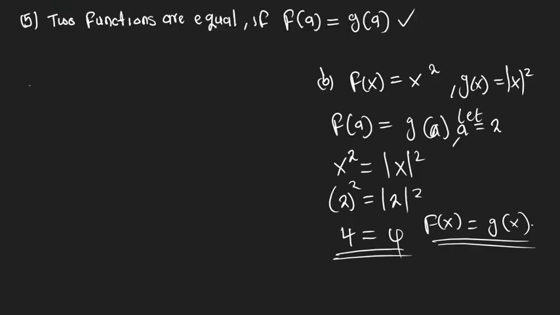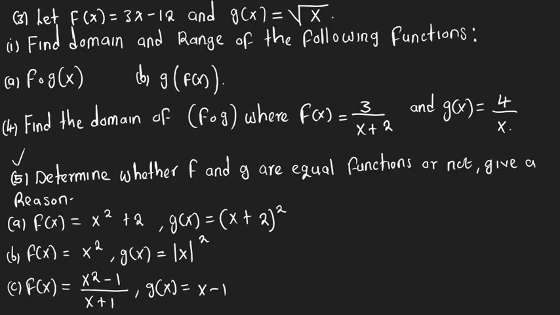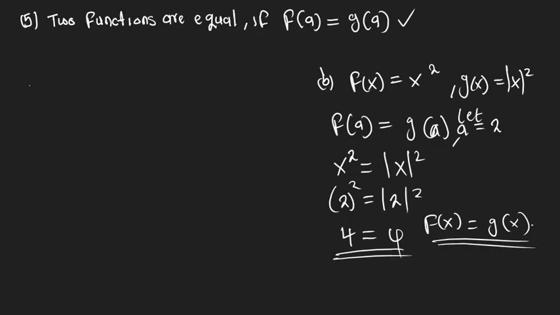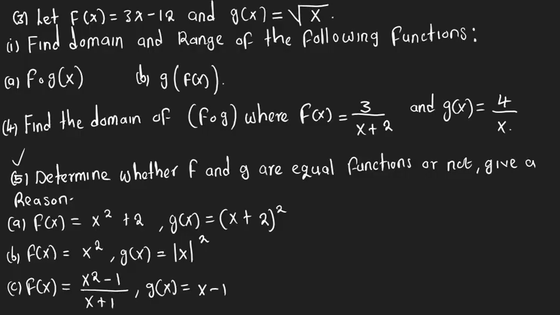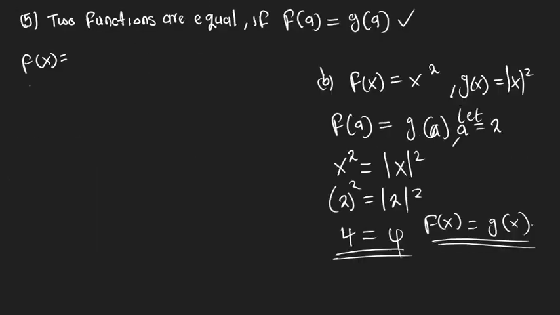So the last question was saying we have this particular function, and we have been told that f of x is x power 2 minus 1 over x minus 1.